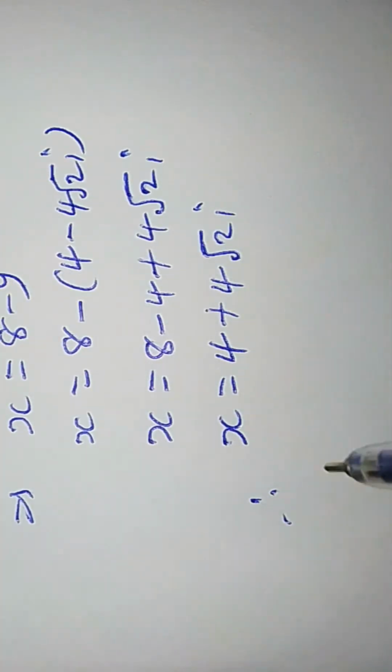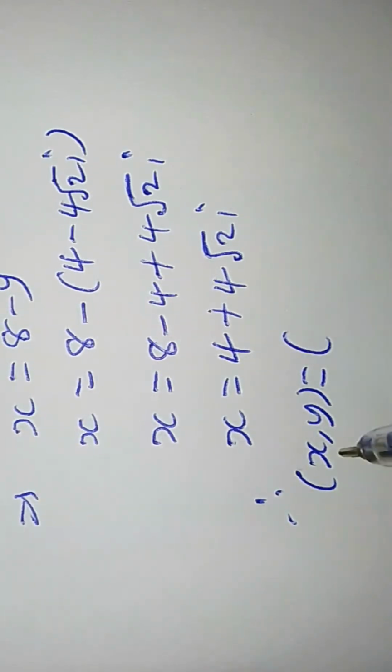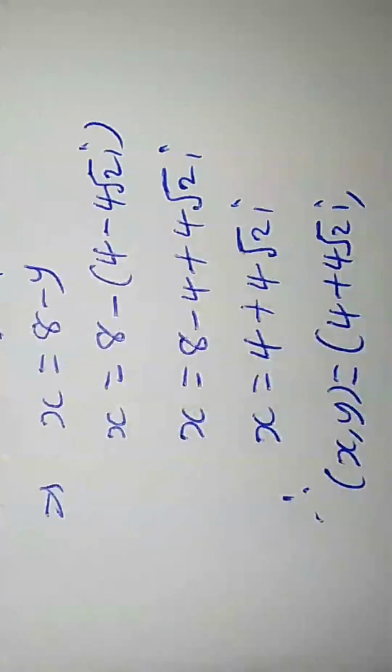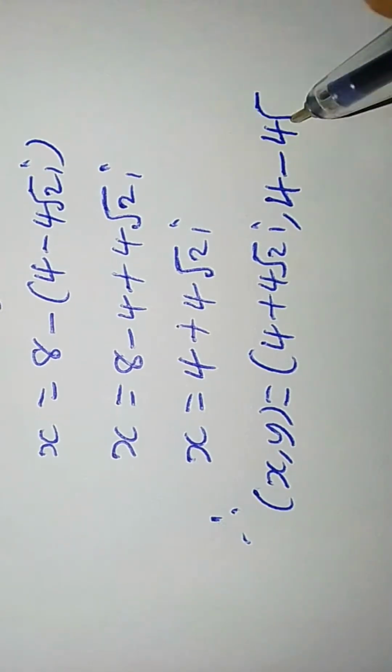Therefore, the second solution, (x, y) is equal to, our x is 4 plus 4 root 2 i, and y is 4 minus 4 root 2 i.